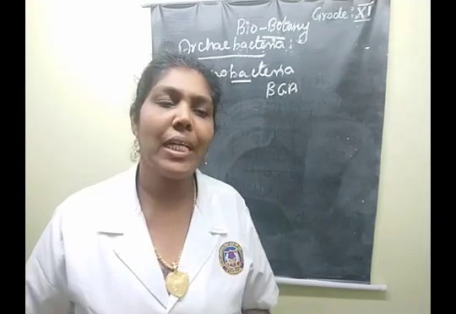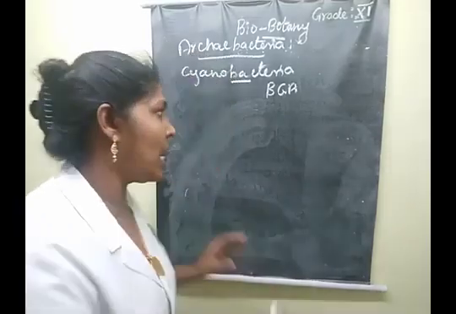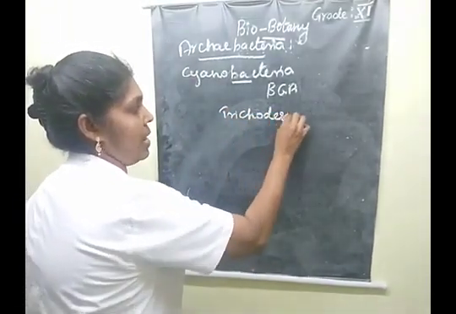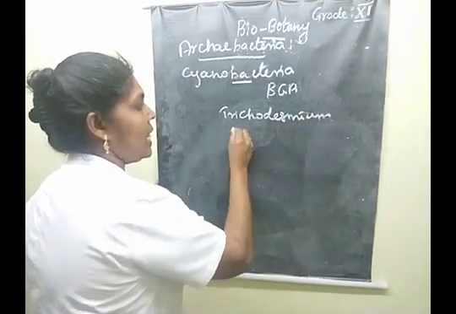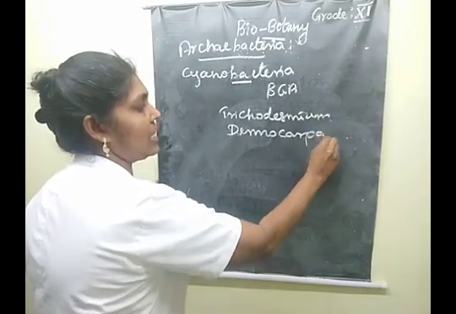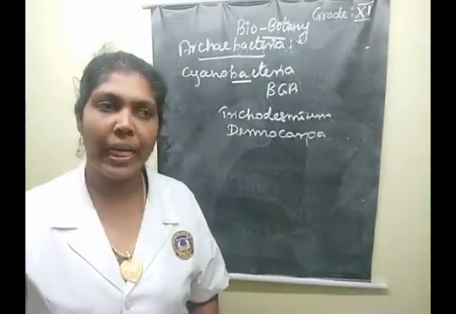What are the examples of these different habitats? Trichodesmium, dermocarpa. These are certain species names of cyanobacteria. Clear?